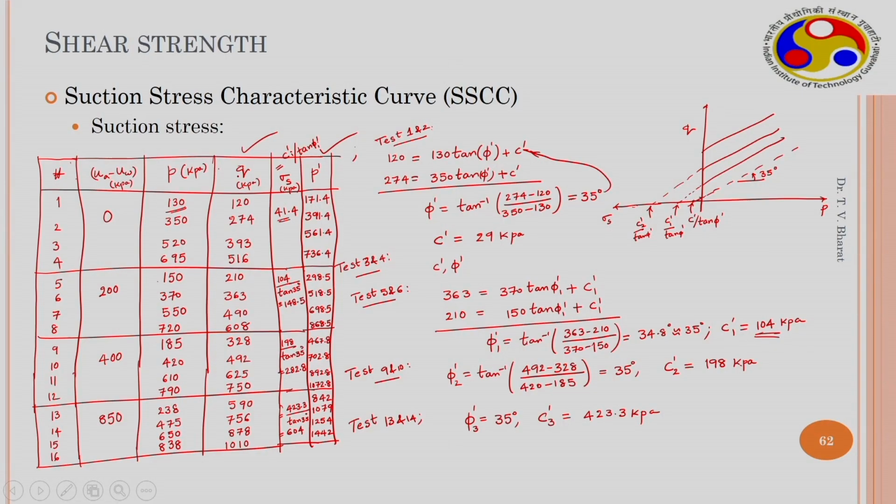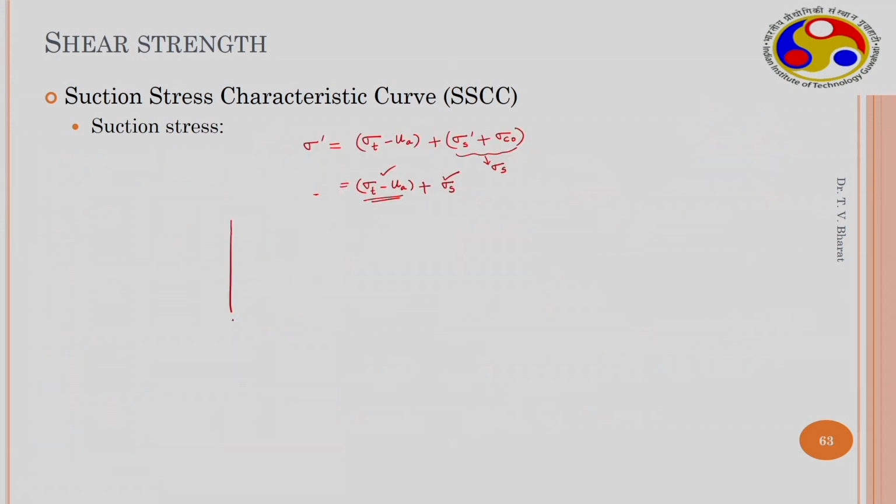So, that is deviatoric stress. We can plot deviatoric stress versus mean effective stress. If you plot, you will get data like this, a unique failure envelope using different data.